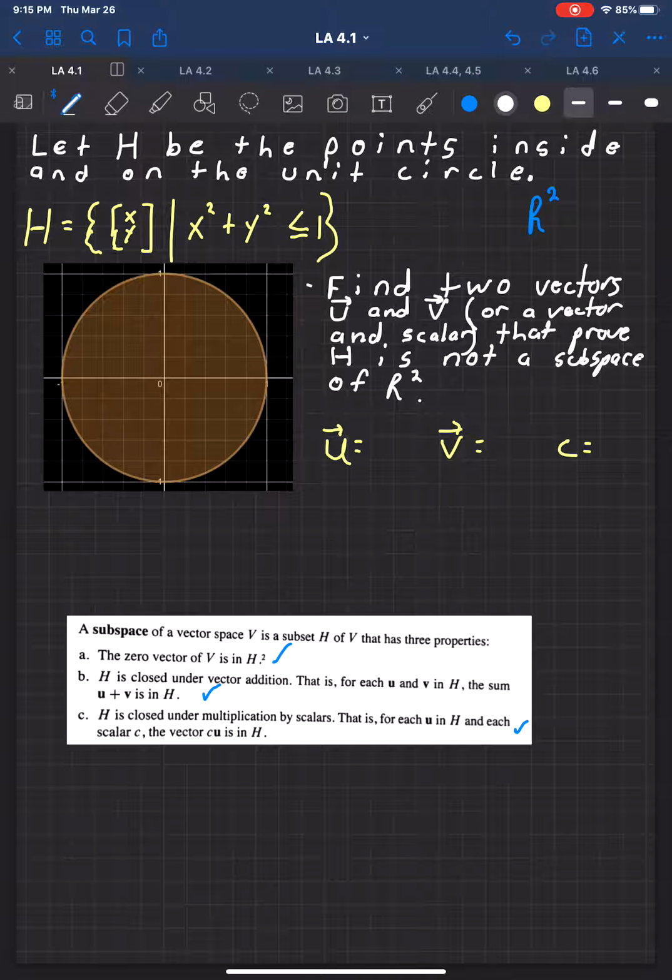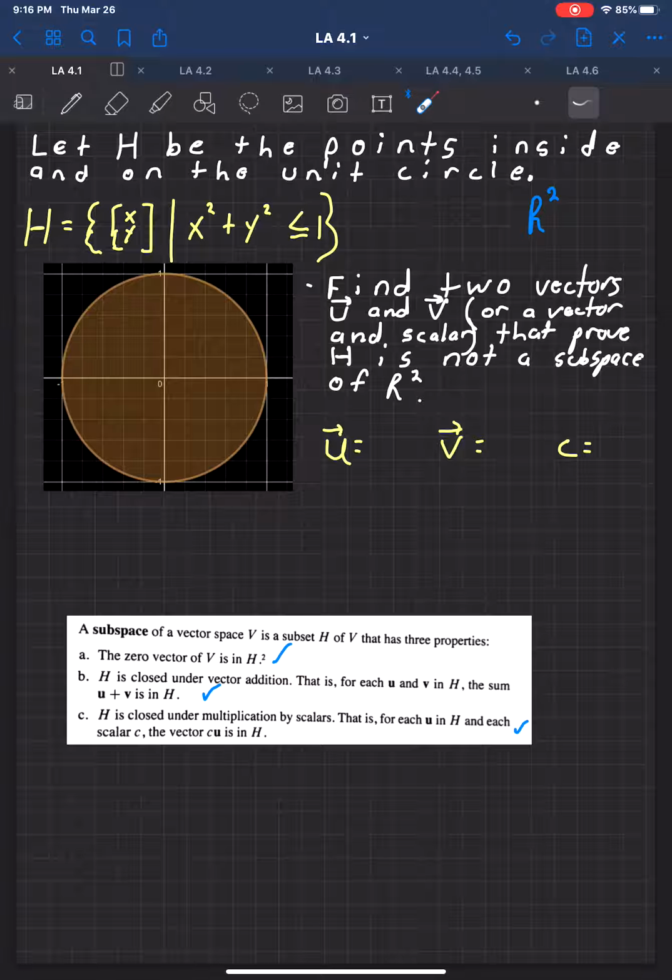All right, ready? So it says, let H be the points inside and on the unit circle. Now that is just a verbal description of what I've written here in yellow. So the way that we read this is we say H is equal to the set of vectors such that x squared plus y squared is less than or equal to 1.